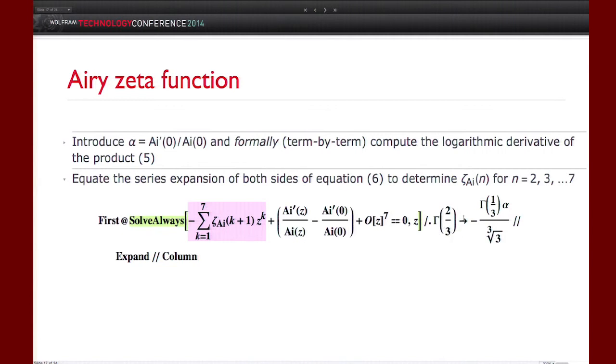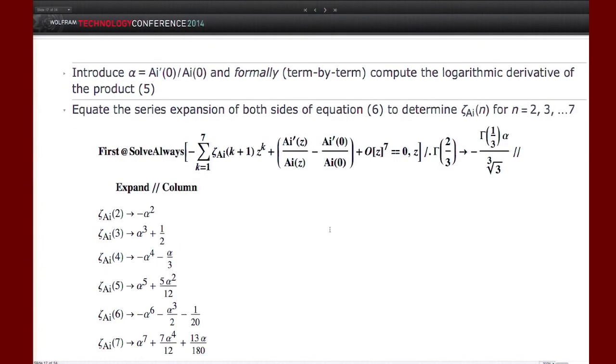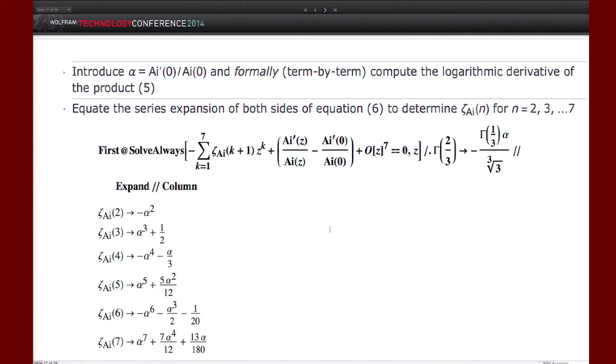I'm using the fact that alpha is related to these gamma functions, and if I do this, the series is immediate, and you get this: the Airy zeta functions at the integers greater than or equal to 2 are all just simple polynomials in that ratio. Nice and simple and elegant. It's very easy to get that result.